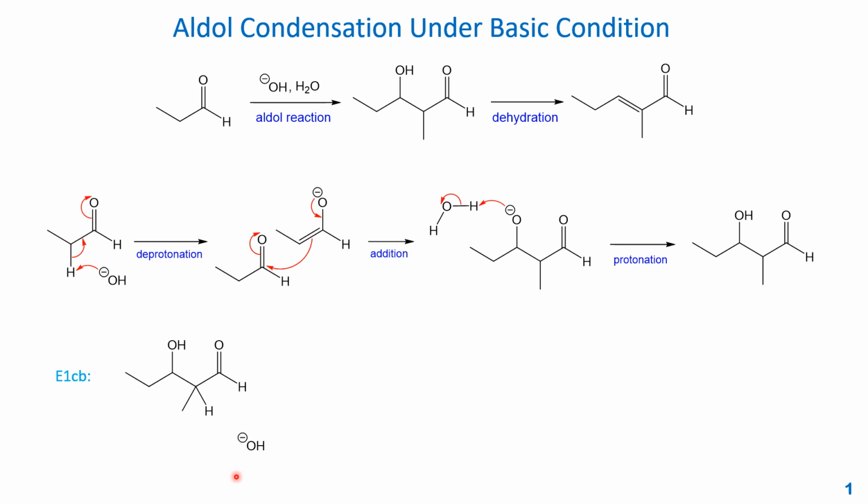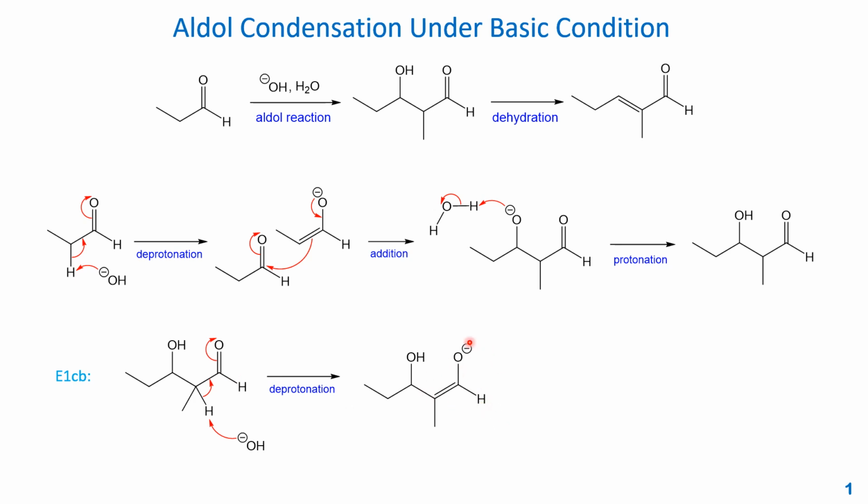So hydroxide will deprotonate this proton. This is still the alpha proton. And then push the sigma electron to here, form a pi bond and break that pi bond to oxygen. This deprotonation forms a stable conjugate base of this aldol product.